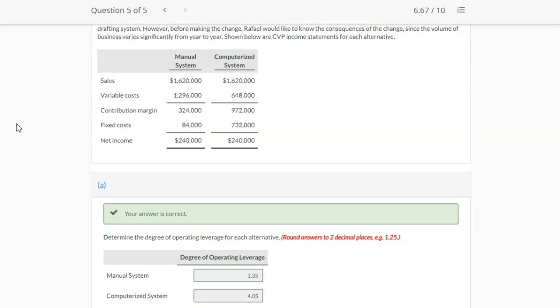Then divide that by sales. 74.74%. Yeah, 74%. Okay, go down, put 74% in.